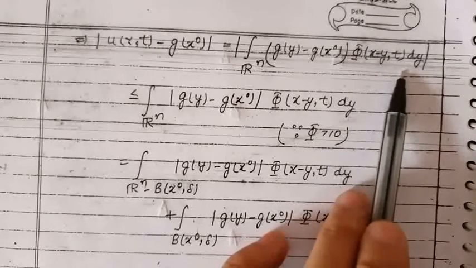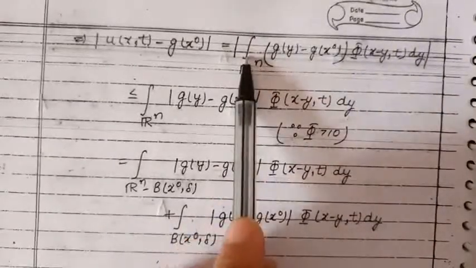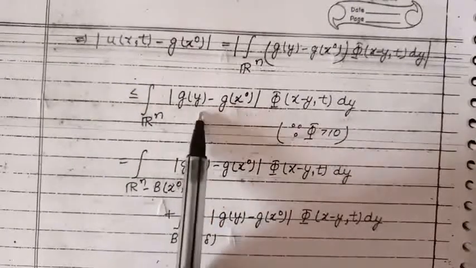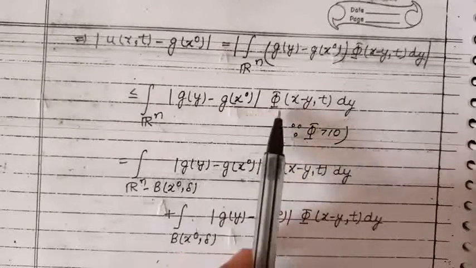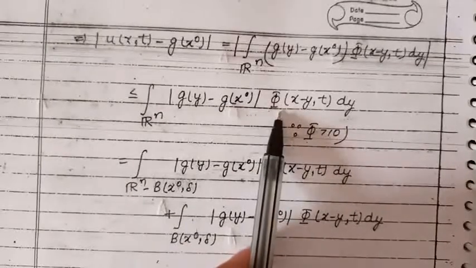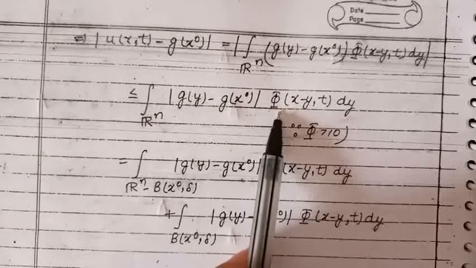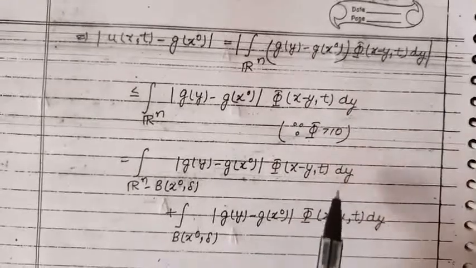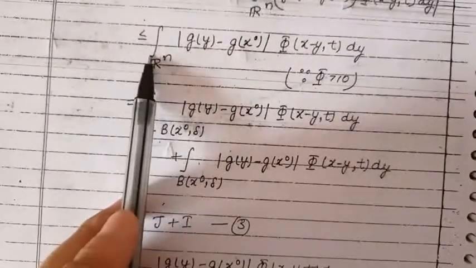Now by using the properties of integrals, the absolute value of this integral will be less than or equal to the integral of mod of g of y minus g of x0 into mod of phi. Because the function phi is non-negative, there is no need to put the modulus sign on the function phi. And now we can break this integral into two parts.